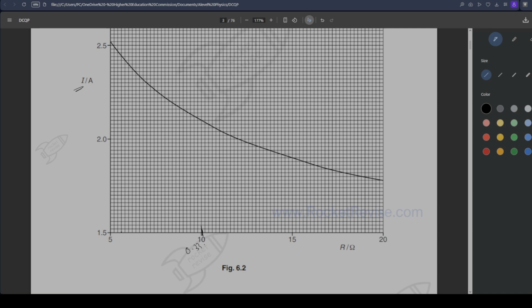That means that we'll get a value of 6 ohms. It's right about here, it's gonna be this point.